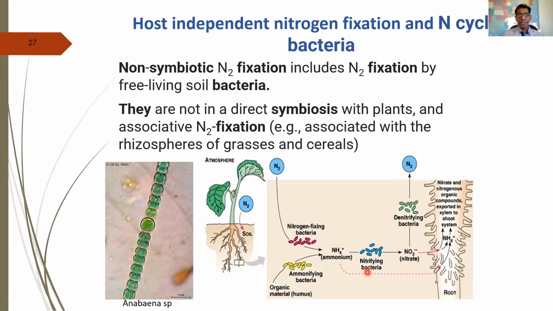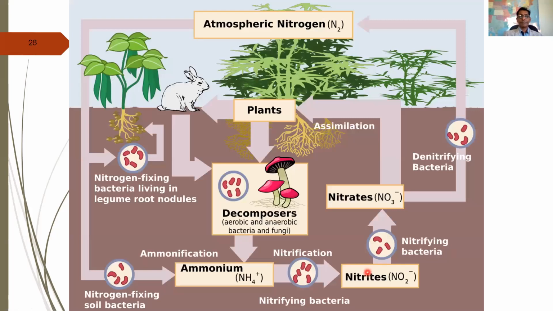We're going to see it to a little more extent in this diagram. So if you take a look, not really a cycle here, it's a square, but it's in the form of a cycle, no worry. So atmospheric nitrogen in the form of N2 can be fixed in two ways: nitrogen fixing bacteria that live in the legume roots and other nitrogen fixing soil bacteria that are host independent.